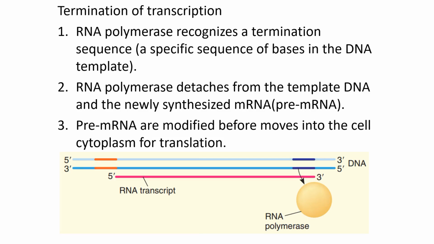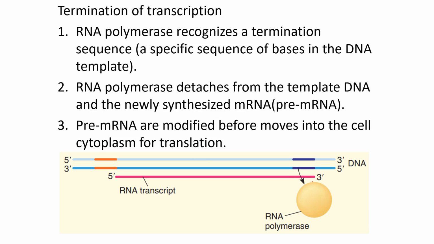Now, termination of transcription, or the termination stage. What happens? RNA polymerase recognizes a termination sequence. Then the RNA polymerase will detach from the template DNA and the newly synthesized mRNA.